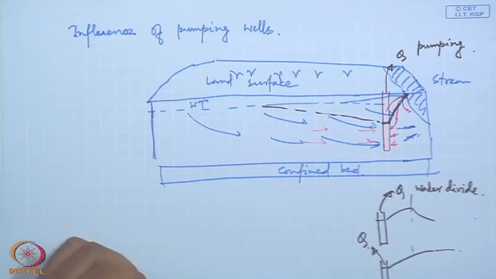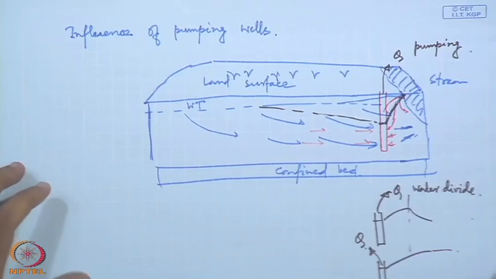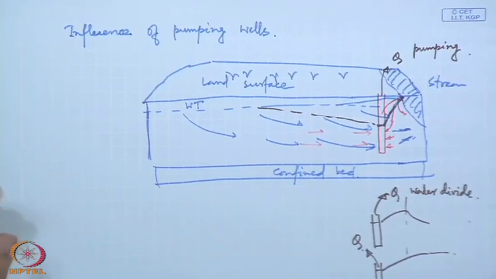In between, if there is too much extraction, then in the stream there will not be much water available. So, this is the total effect of stream water aquifer interaction. This ends lecture number 40.